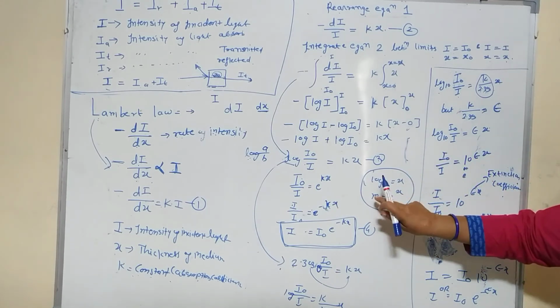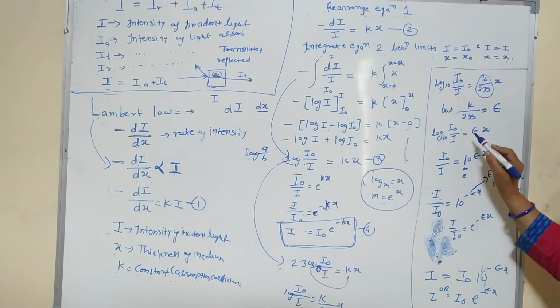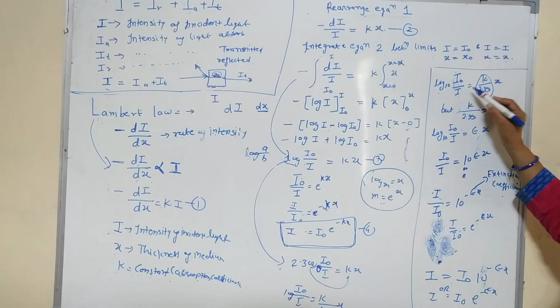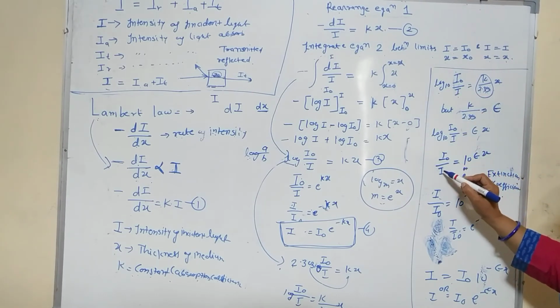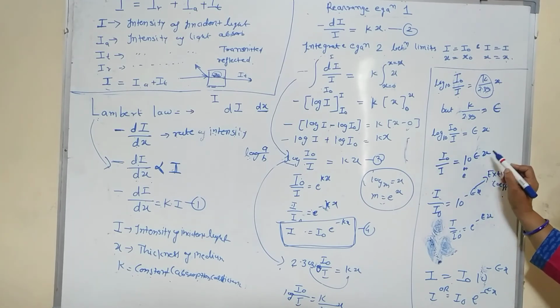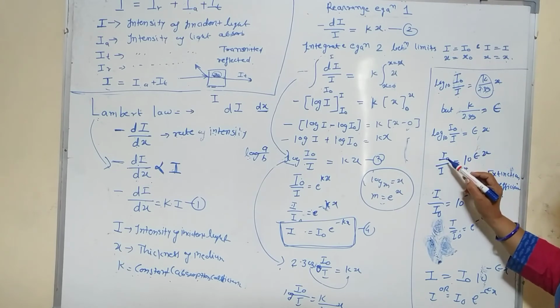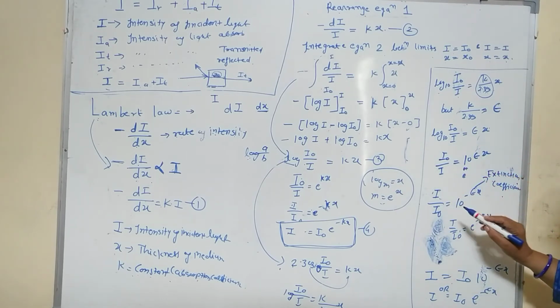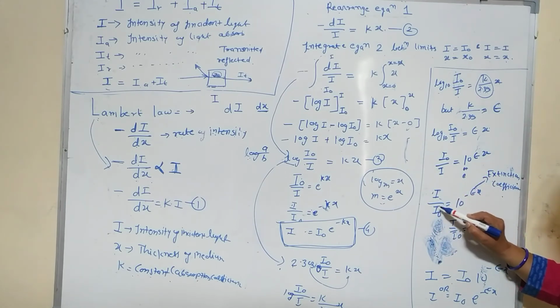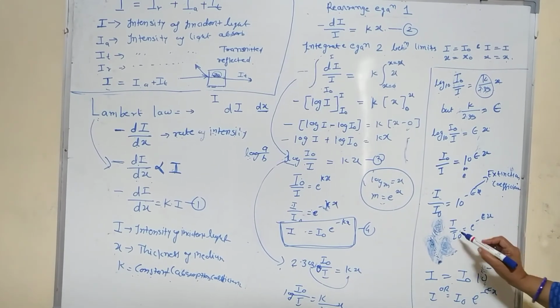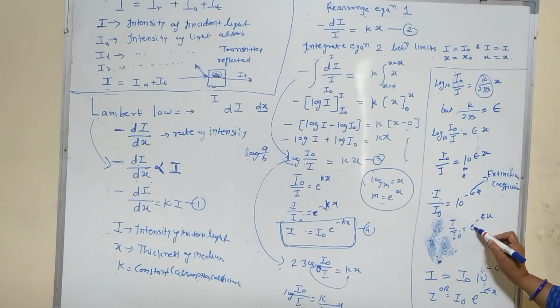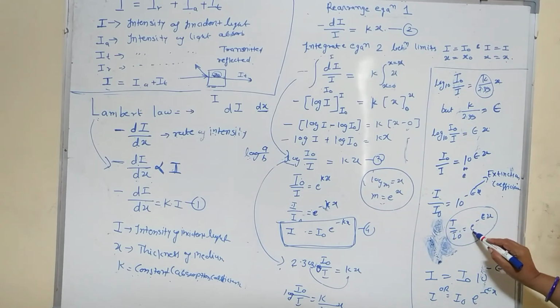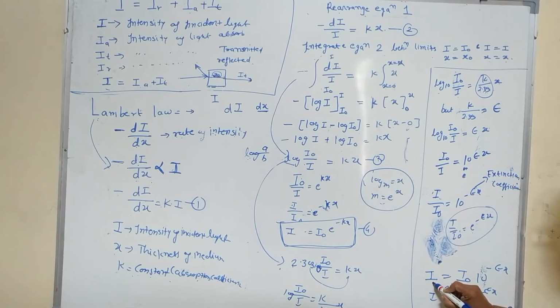और this equation again हम यही फॉर्मूला यूज करेंगे, लॉग हटा देंगे. तो यहाँ पर मैंने log टू द बेस 10 लिखा हुआ है, इसीलिए हमने यहाँ पर क्या लिखा है, I0 अपॉन I इज इक्वल टू 10 raised to power epsilon x. आप ऐसा भी लिख सकते हो, अगर log टू द बेस 10 नहीं है तो I0 अपॉन I इज इक्वल टू e raised to power epsilon x. और we can write, हमने फिर से उल्टा किया इसको, I अपॉन I0 इज इक्वल टू 10 raised to power minus epsilon x. और दिस इक्वेशन कैन बी रिटन एज I अपॉन I0 इज इक्वल टू e raised to minus epsilon x, अगर हम log टू द बेस e यूज करते हैं. और दिस इज ऑल्सो रिटन एज I0 को मैं यहां लेके गई हूं, I इज इक्वल टू I0 10 raised to power minus epsilon x, और I इज इक्वल टू I0 e raised to minus epsilon x.